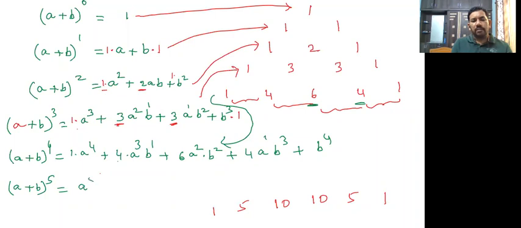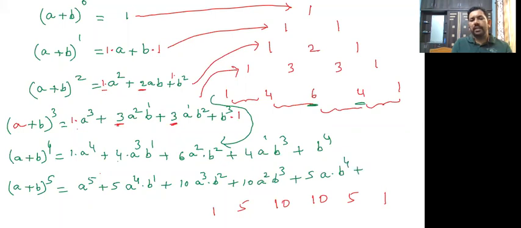a power 5 plus 5 into a power 4 into b power 1 plus 10 into a cube into b square plus 10 into a square into b cube plus 5 into a into b power 4 plus finally b power 5.